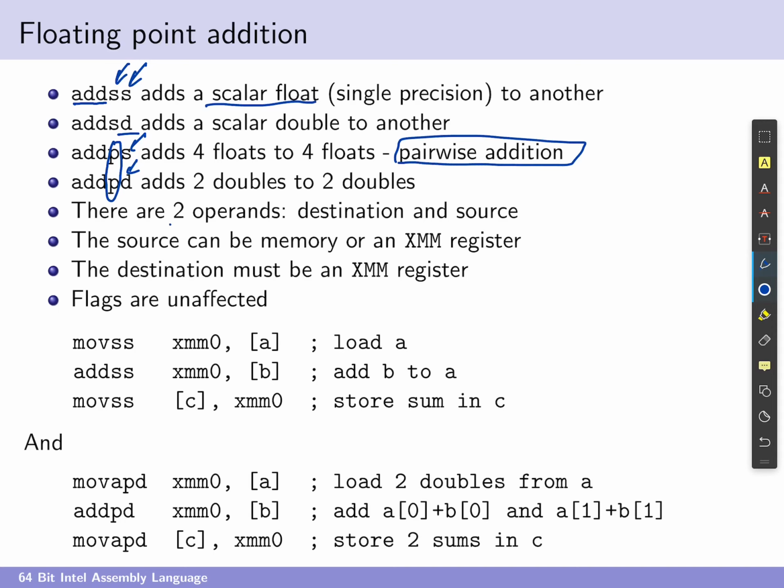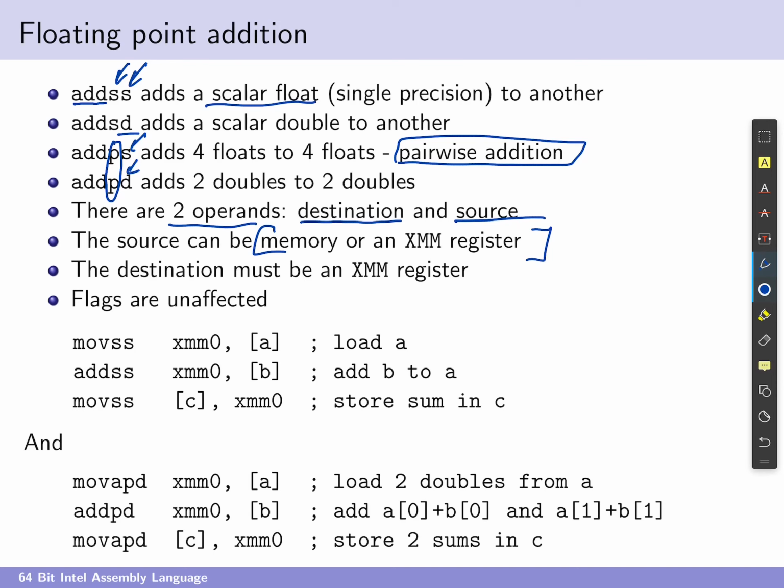Now, this operator takes 2 operands. The one is the destination, so the left-hand side is the destination and the right is the source as normal. However, there's a little bit of an extra restriction at play here when we're talking about floating point calculations, and that is that the source can be at least memory, or it can actually be an XMM register.